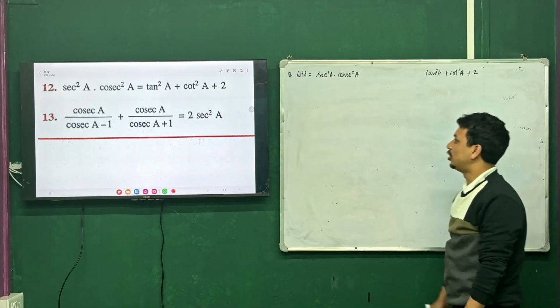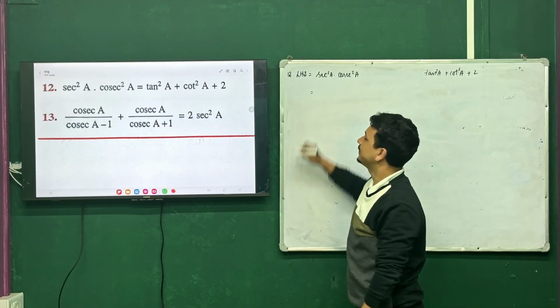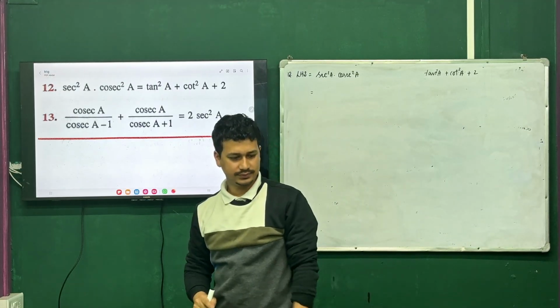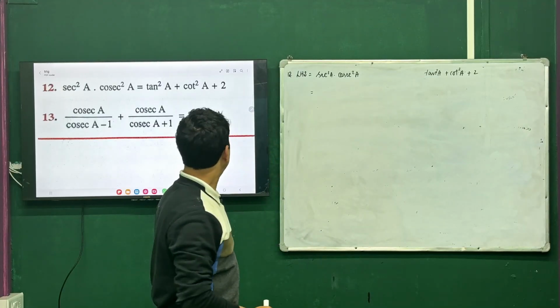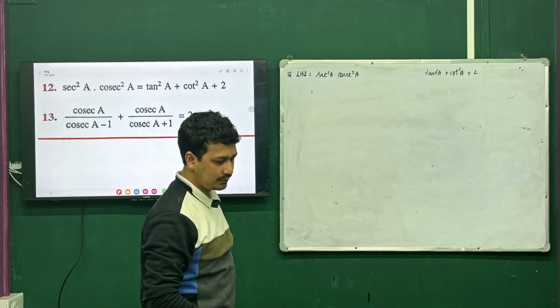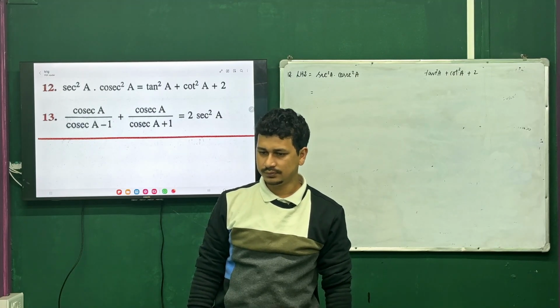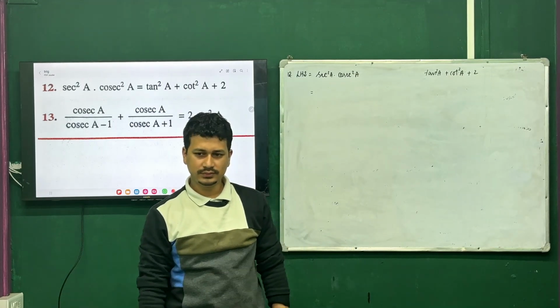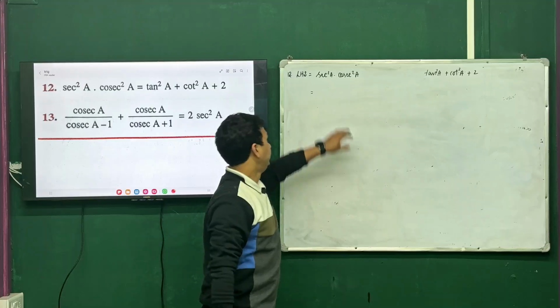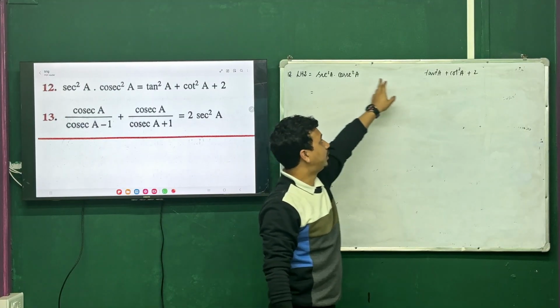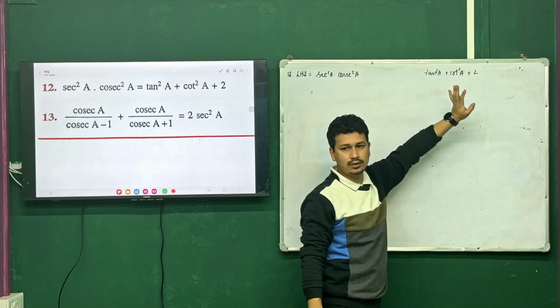What should we do on the left hand side? Who can tell me? Look at your formula chart very nicely and tell me what should we do. So we can convert the sec square A to 1 plus tan square, because on the right hand side tan is there. Yes, very good. We can see that on the left side we have sec square and cosec square, but on the right side we need tan square and cot square.